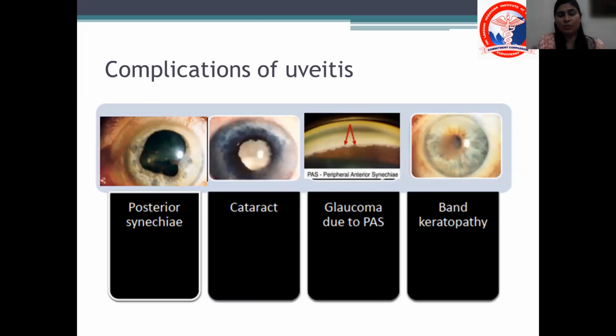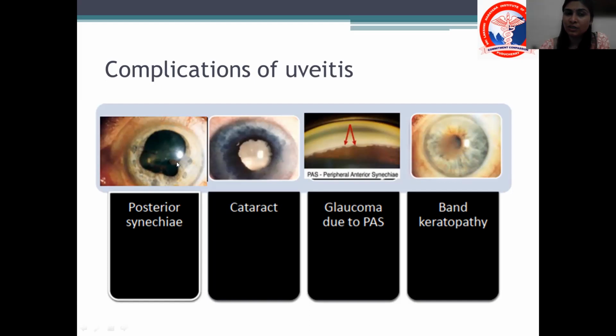These are a few complications of uveitis. As we see, there is formation of posterior synechiae. These are attachments of the iris, the pupillary margins.